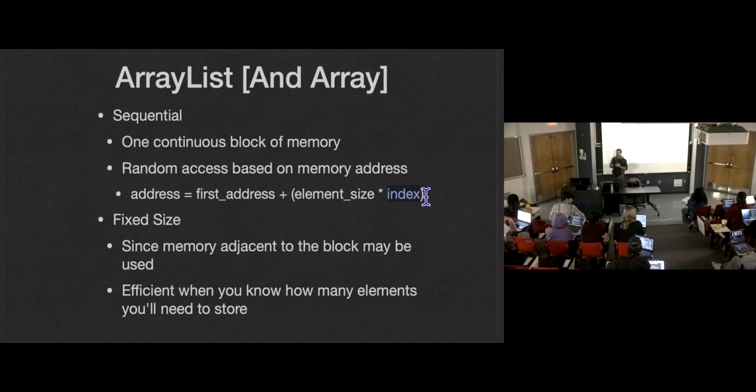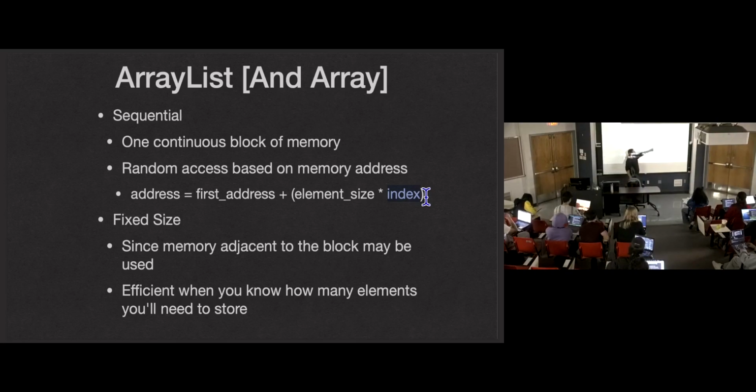That's what we store in our variables. Then if we want to find the value at any index, we take that index, multiply it by the size of a single element of that data structure, depending on what type it's storing, and then add that to the first memory address. That gets us immediately the memory address of that index.